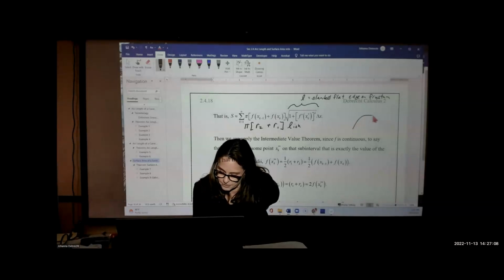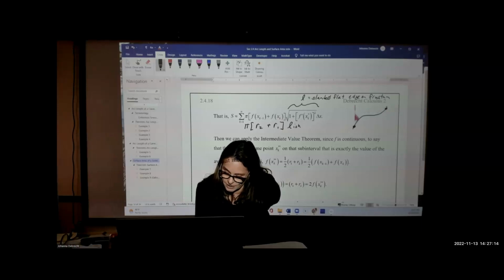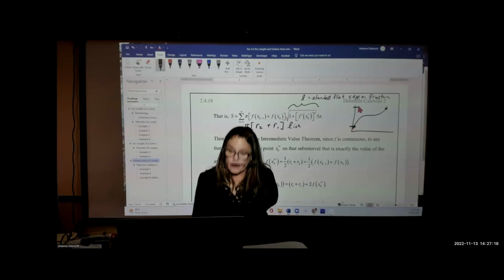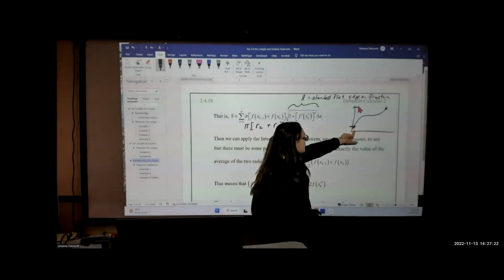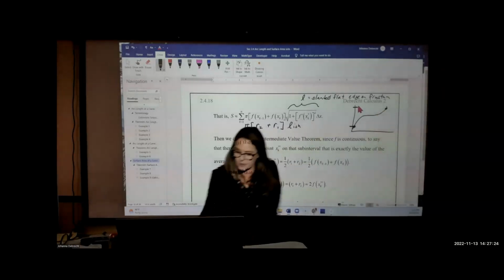So for example, if you have a curve that looks like this, and you know that this is on the curve and this is on the curve, then every y value between here and here has to be represented somewhere between A and B, right?